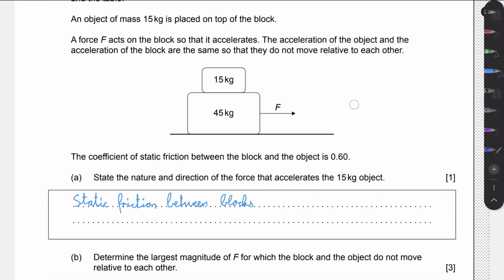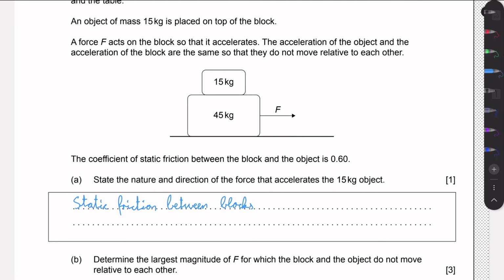Frictional force always acts in the direction opposite to the velocity's direction, so in the direction we would move. If we use our imagination a little bit, if there would be no friction over here on this surface, and we just pull this 45 kilogram block, then maybe we can imagine that this block would want to slide to the left a little bit, as they would want to separate. But here, that's not the case, so they actually stick together.